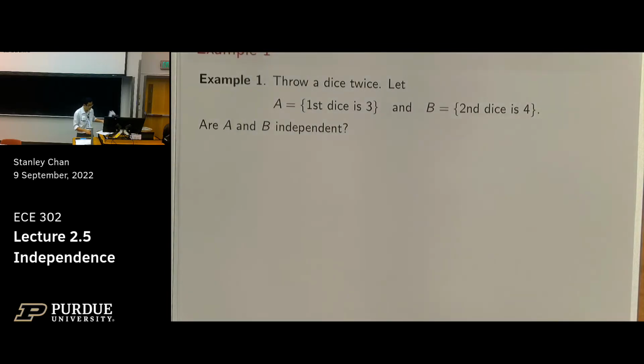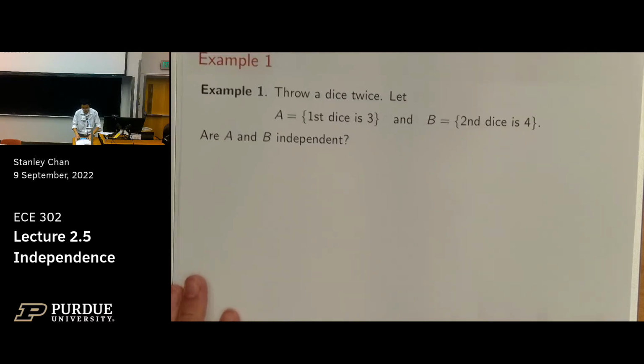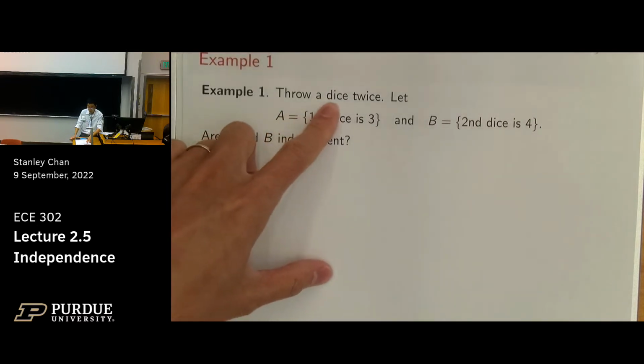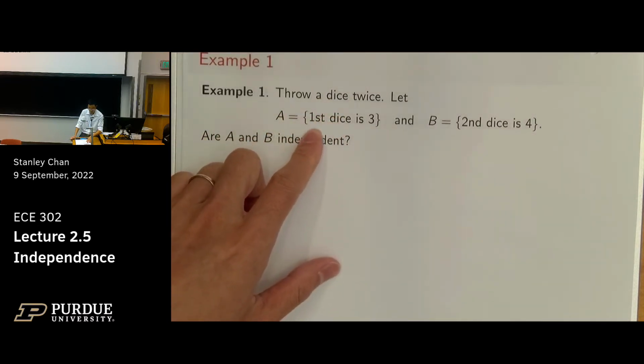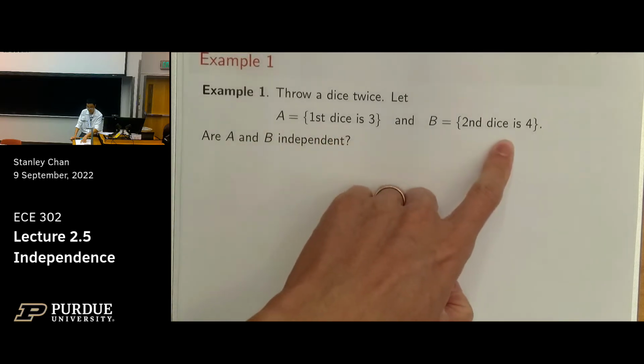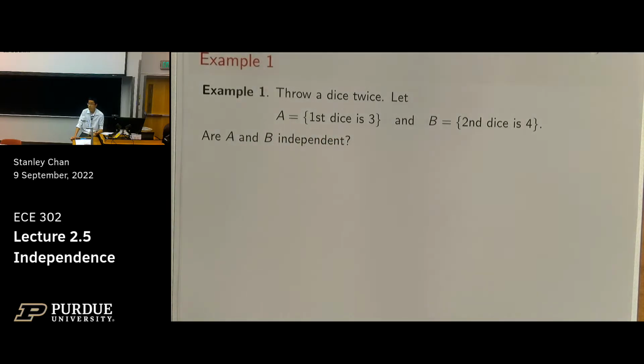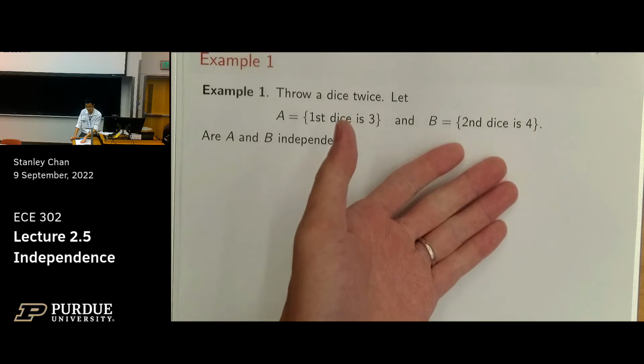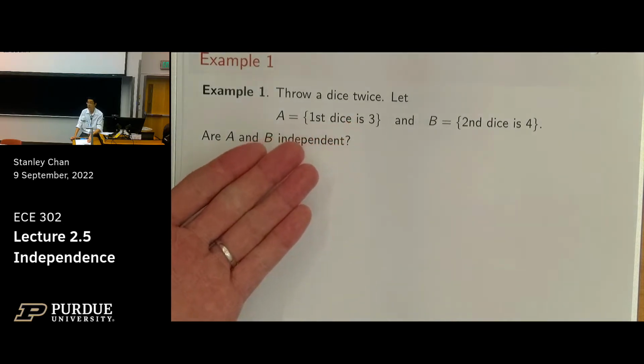Now let's go through a few examples. Some of these examples we have already discussed last time, but it doesn't matter to go through them again. Example 1, you throw a die twice. The first die is 3, the second die is 4. And clearly, the second event doesn't interact with the first event.